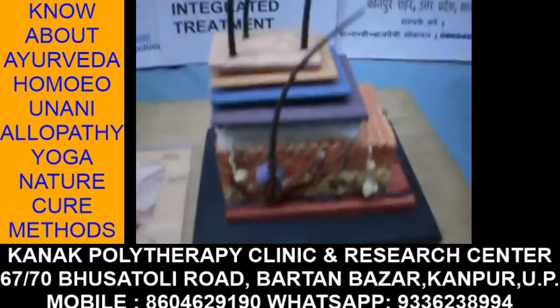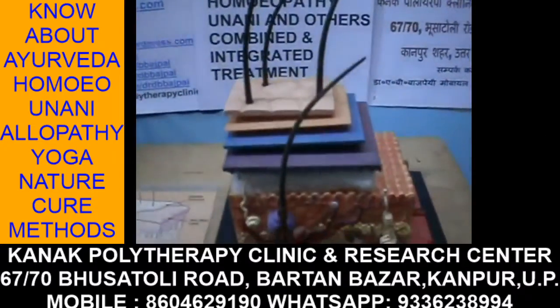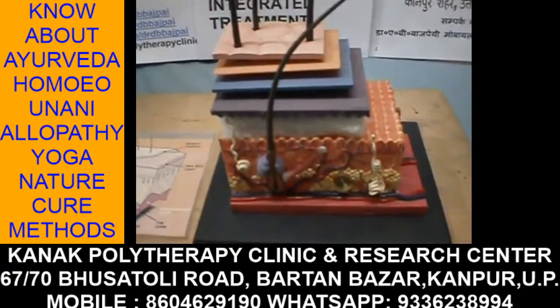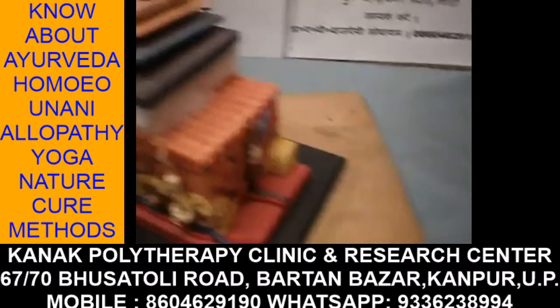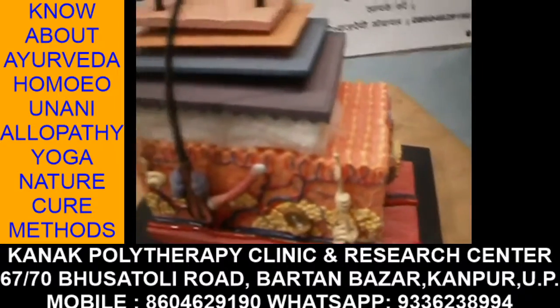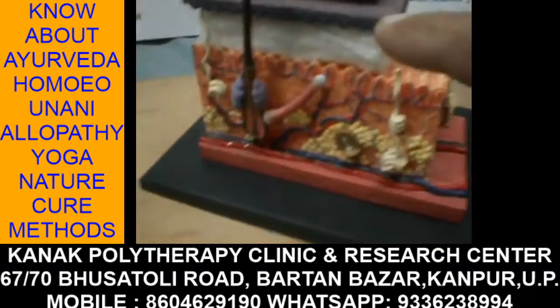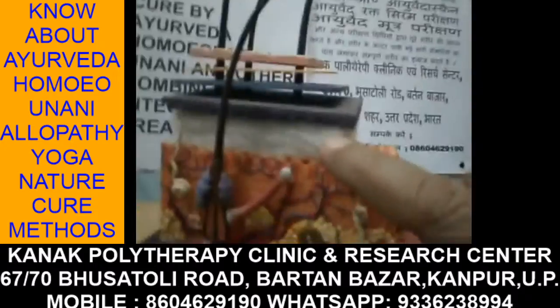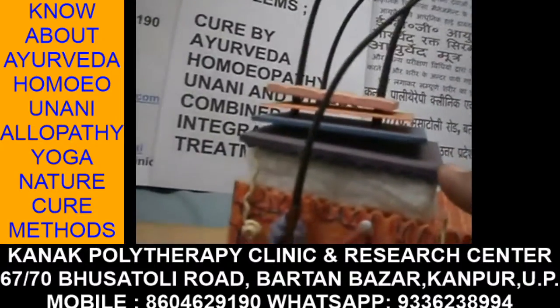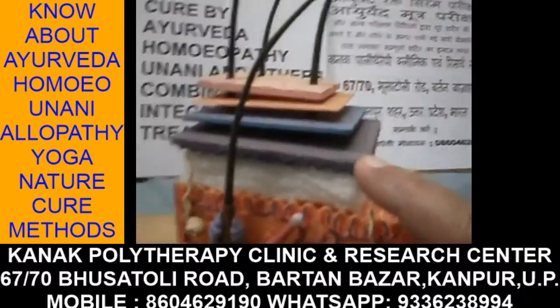This is a model in which you will see the skin structure. This one is a layer of fat. This is a layer of fat. This is a layer of melanin.